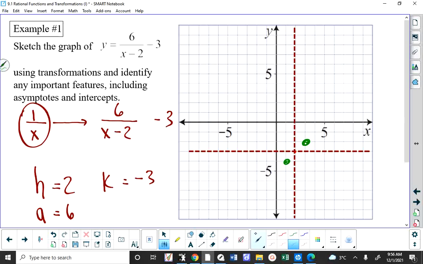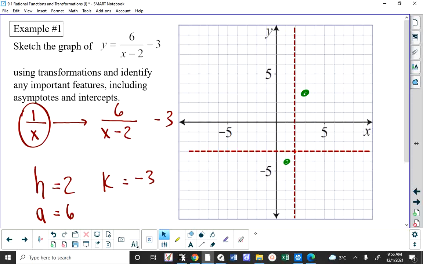But if I stretch them by a factor of 6, this point is going to be 6 times further away, which means it will be 6 away. Which is an interesting thing: the value of a is going to be how far away the point will be from the horizontal asymptote if the point is 1 to the left or 1 to the right of the vertical asymptote.